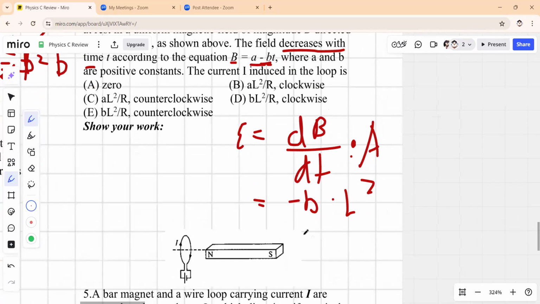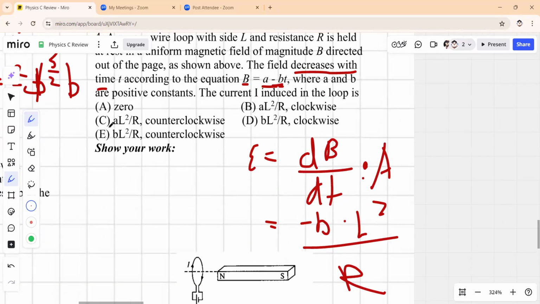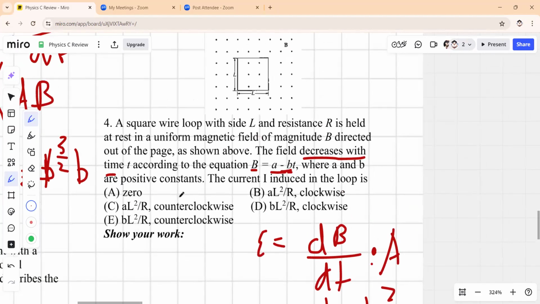Then you divide by R, because we want I. I would just like to remind everybody that there are 9 minutes and 51 seconds left in the meeting. Because the field is decreasing out of the page, it'll add out of the page, and that gives you counterclockwise.